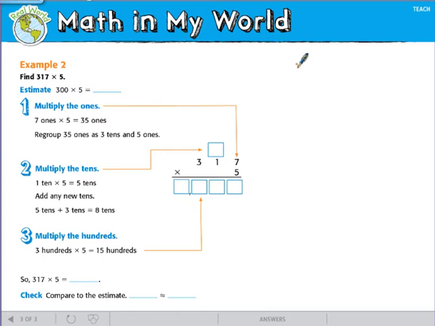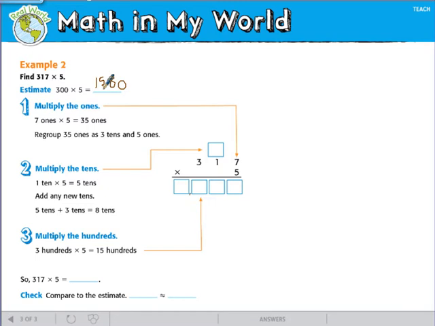So they already rounded 317 times 5 to 300 times 5. Simple thing to do, how many zeros do I have? 2. After I put those 2 zeros down, what digits do I have left? 3 and 5. 5 and 3 multiplied by each other is 15. So I have 1,500. Okay?